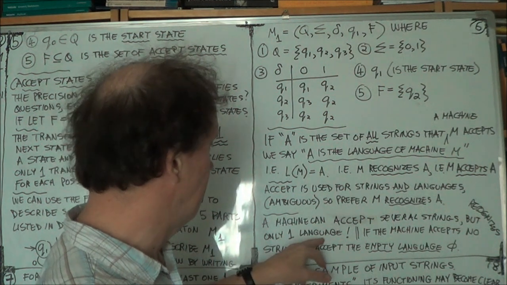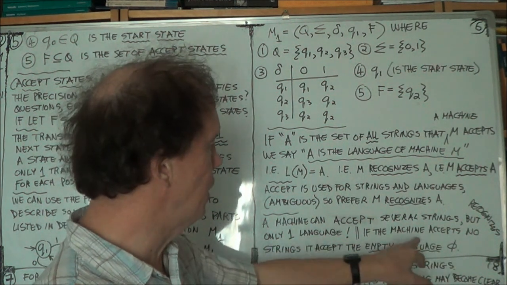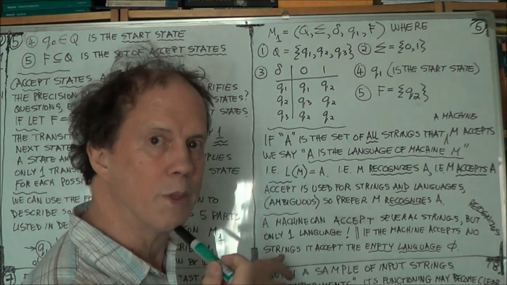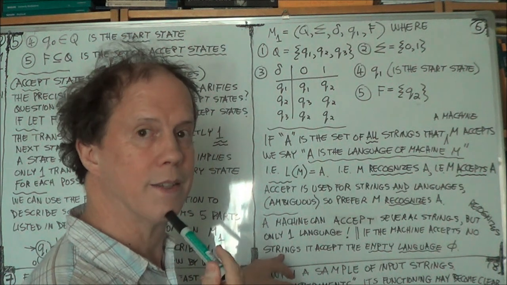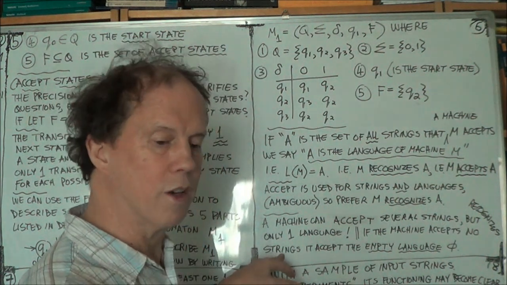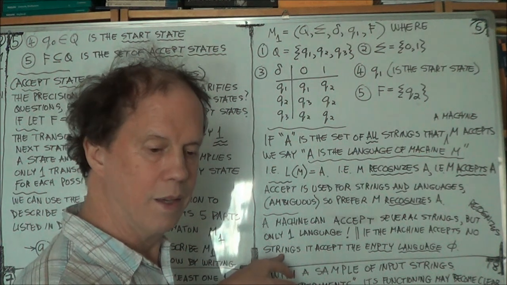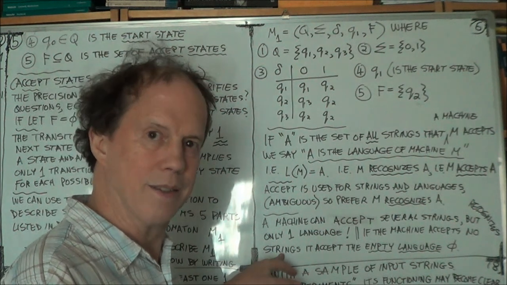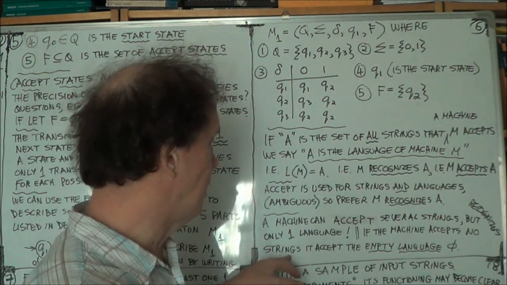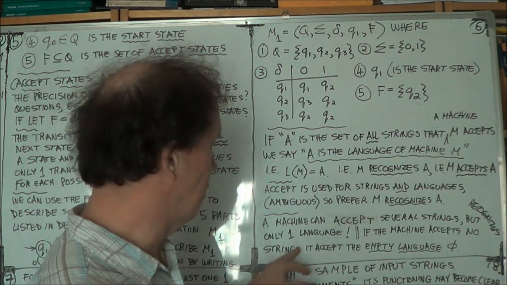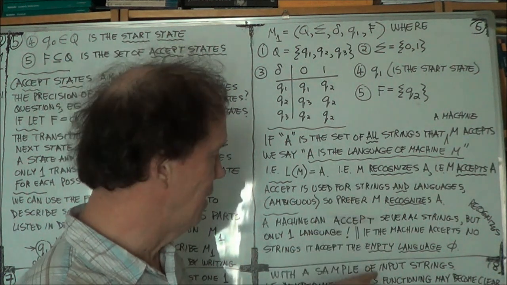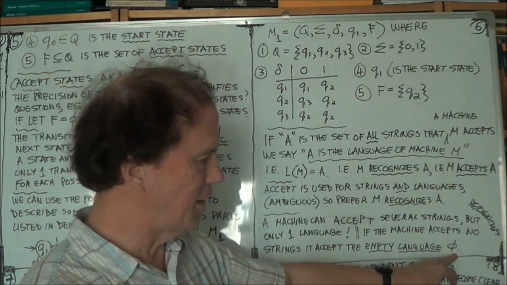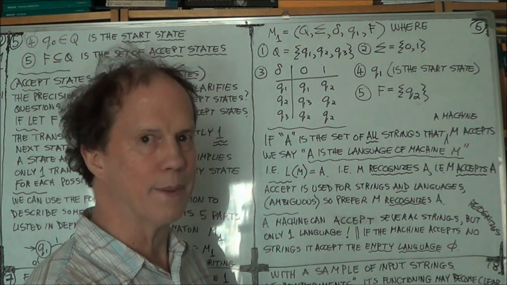Now, that's still true if, for example, the machine accepts no strings. Say the automaton has 0 accept states. That means every string that goes in will be rejected, because it's impossible for that machine to accept anything since it doesn't have any accept states. So the language that that automaton recognizes in that case is the empty language, the set with no members.